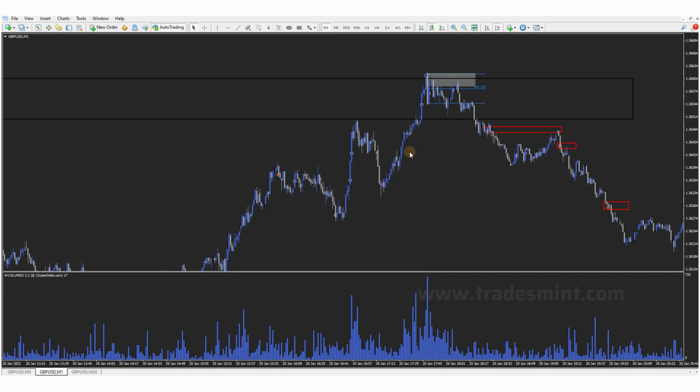In this case, if I see the price is playing in the supply zone, it is good to see the absorption on top of the candle. So big volume from buyers, but no movement on price.